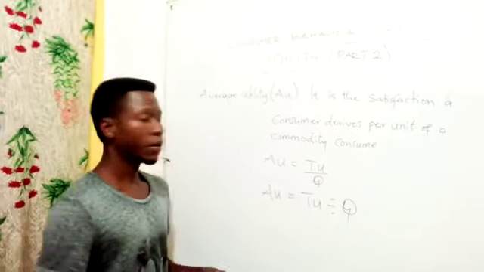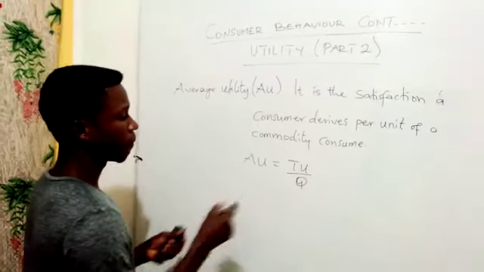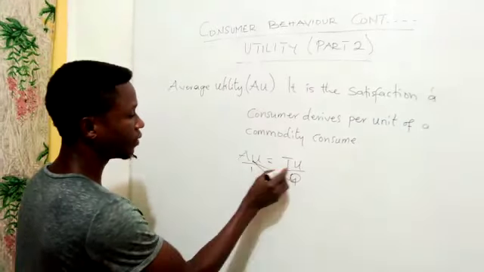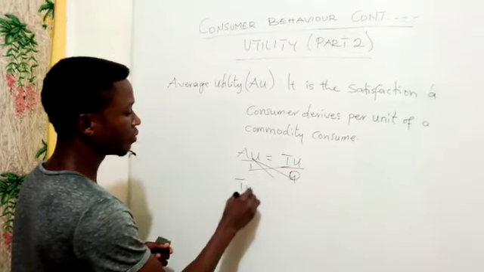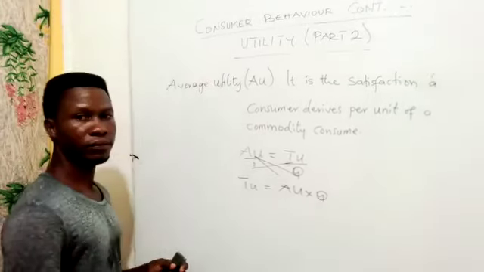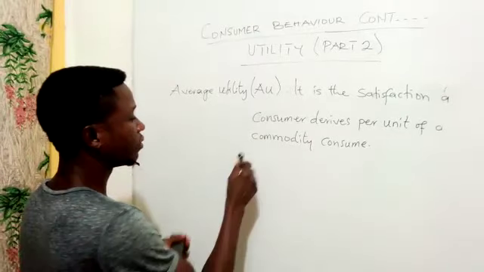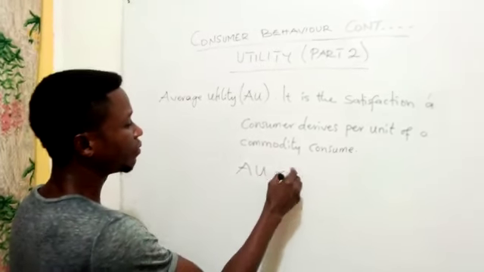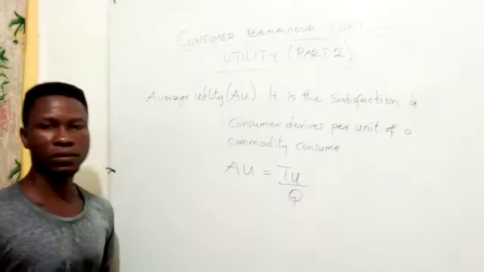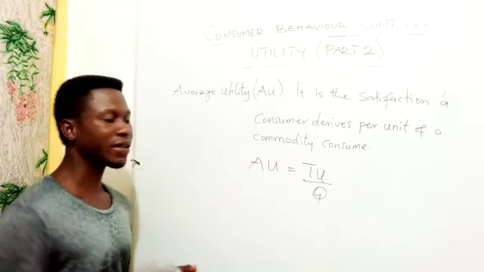Now looking at this formula, if we cross multiply, we get back total utility equal to average utility times quantity. Do you get it? So the average utility AU is derived when we divide the total utility at each level by the quantity consumed. When we do the illustration, you will understand it better.